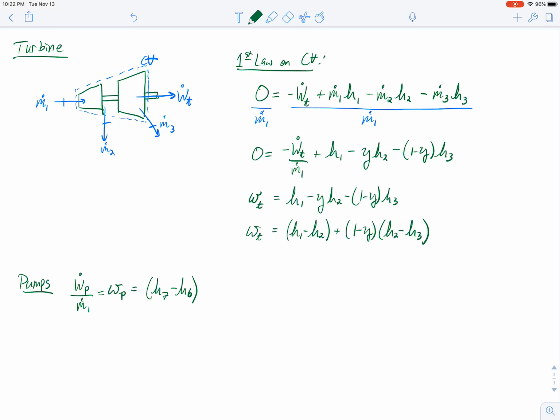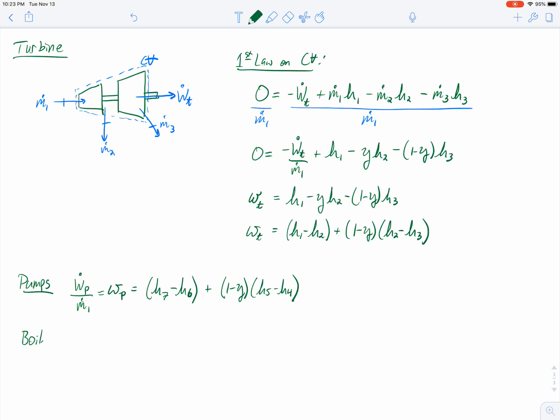And then for pump 1, how did I get that 1 minus y term? Well, I applied the first law to the control volume of pump 1 and pump 2, and then I have to realize that pump 1 is seeing a reduced flow rate. It's seeing m3. And then I divide everything by the total flow rate, m1, and similar to the process shown above, twice now, I end up writing it in terms of the fraction y.